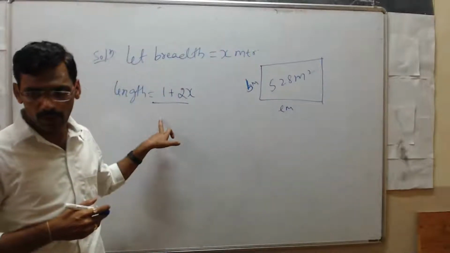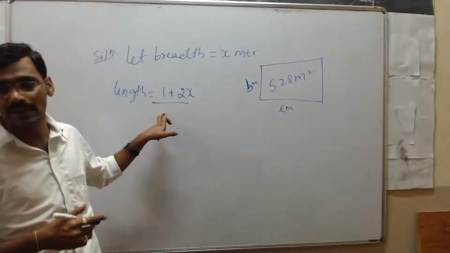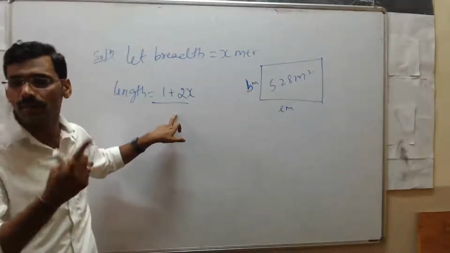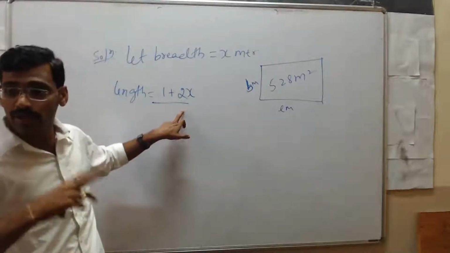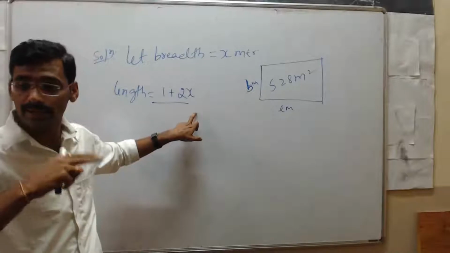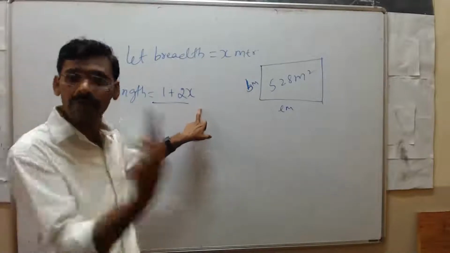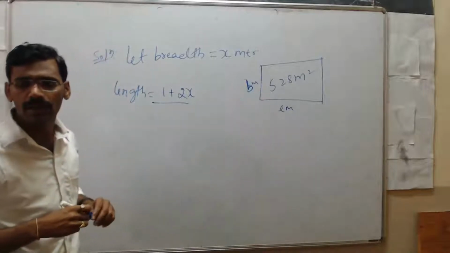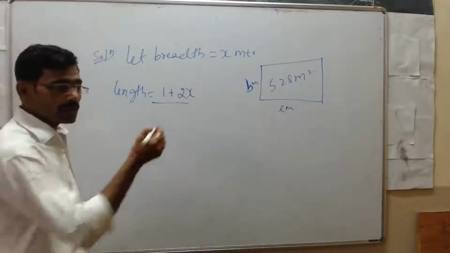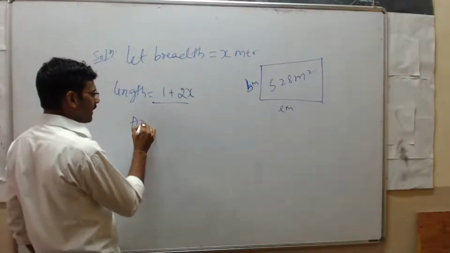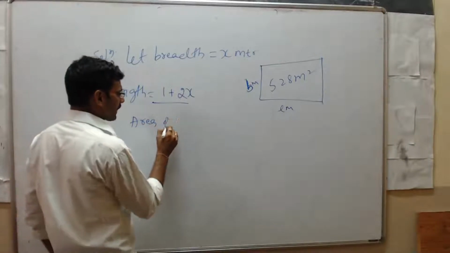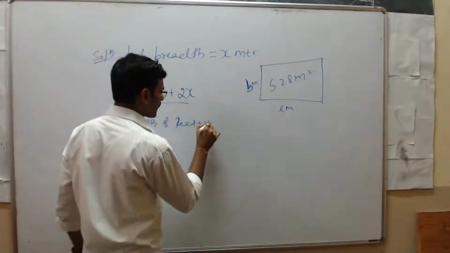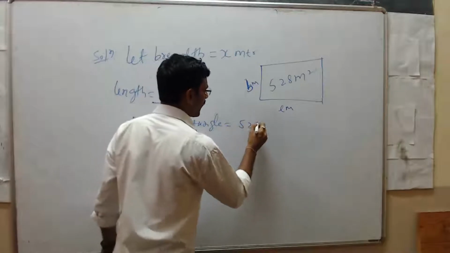Length of the plot is 1 meter more, which means 1 plus twice, double, its breadth. Its breadth is x. Therefore, 1 plus 2x. Therefore, what is the area? Area of the rectangle is given as 528.